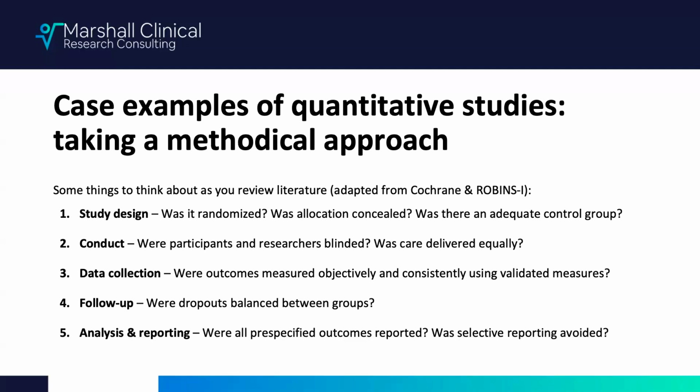In terms of analysis and reporting, were all the pre-specified outcomes reported? It can be very problematic if a research group puts in a study protocol, goes through ethics, and says they want to look at the impact of ibuprofen on headaches, but they look at 10 different outcome variables.